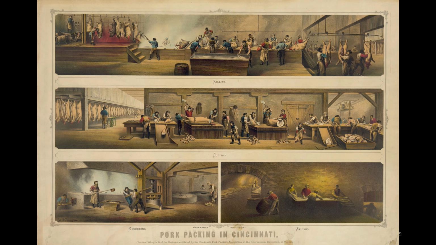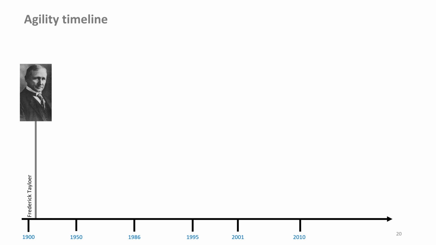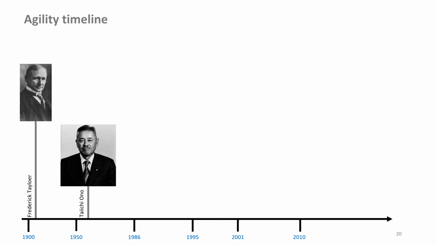This means that you have different departments that have a certain focus, such as product management, marketing department, sales department, development department, and quality assurance department. Taiichi Ohno. In the mid-50s, the Toyota production system became very famous. This man here is Taiichi Ohno, the inventor of the system.